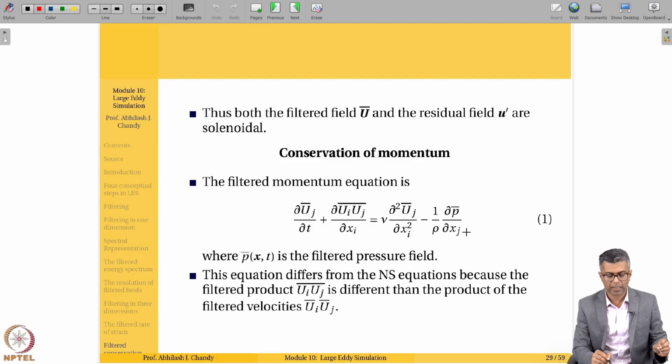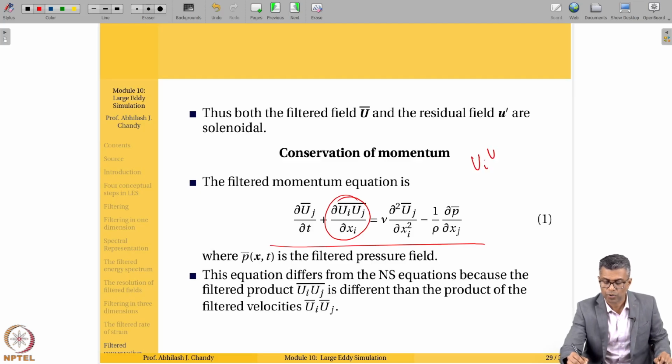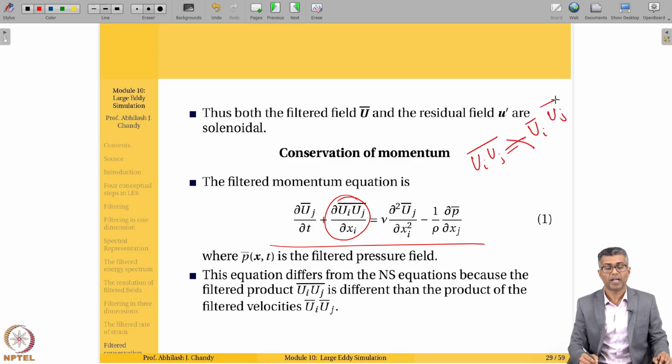Now keep in mind, this is going to be a different equation from the Navier-Stokes equations, mainly because this term, ui uj bar, is not the same as ui bar times uj bar, isn't it? All right, as much as the filtering and the differentiation commute, this is not the same.